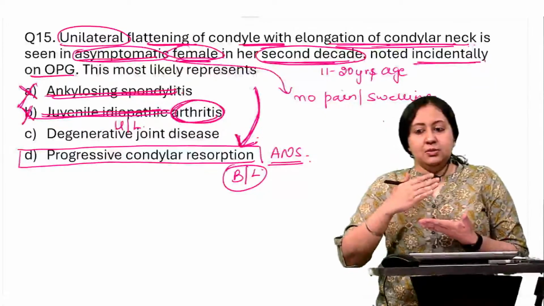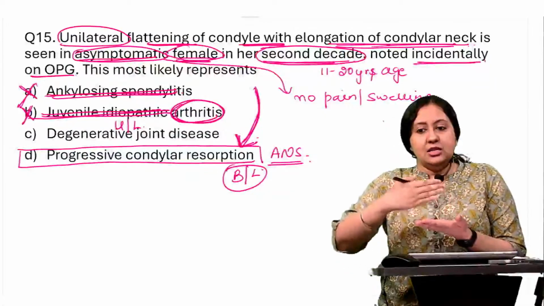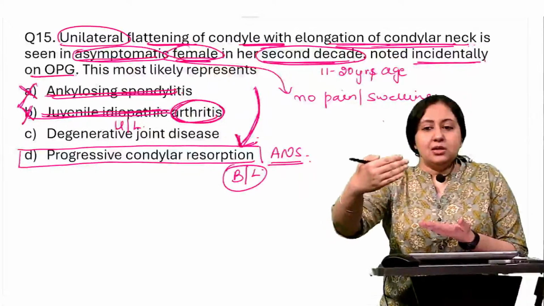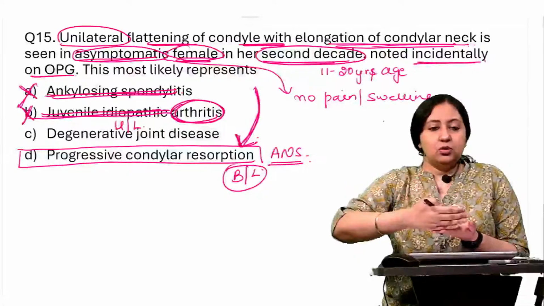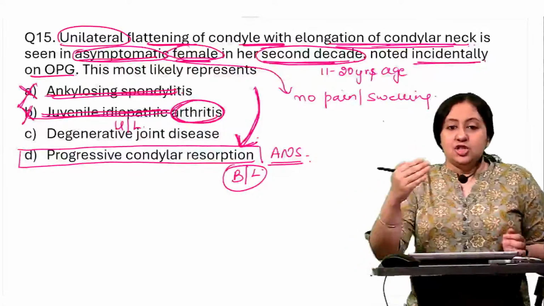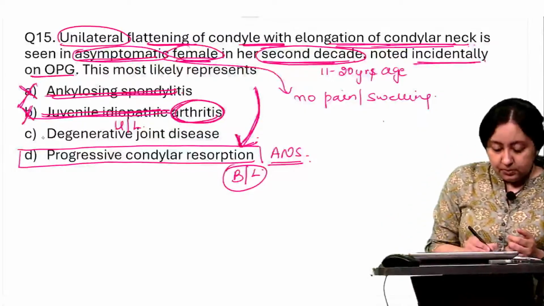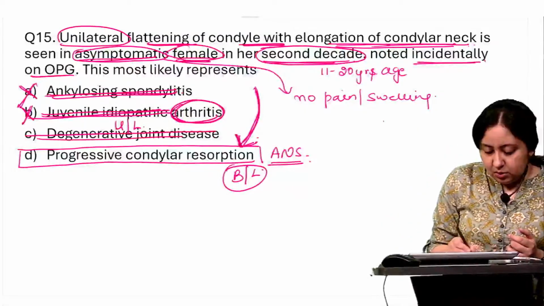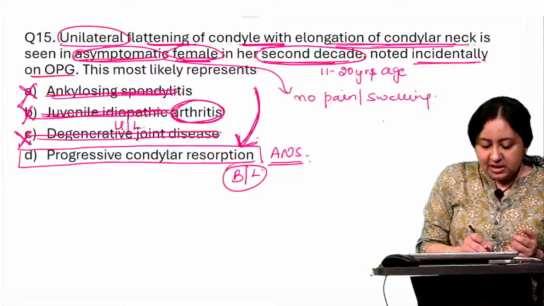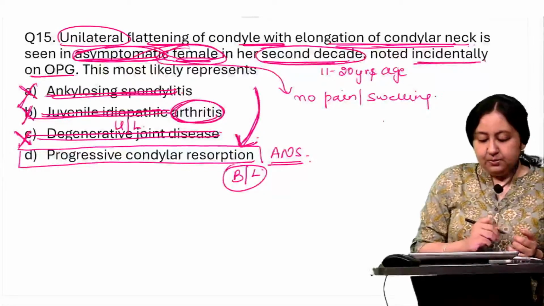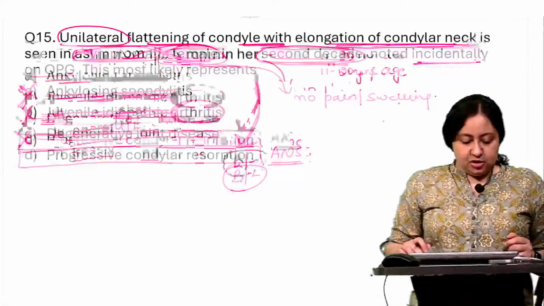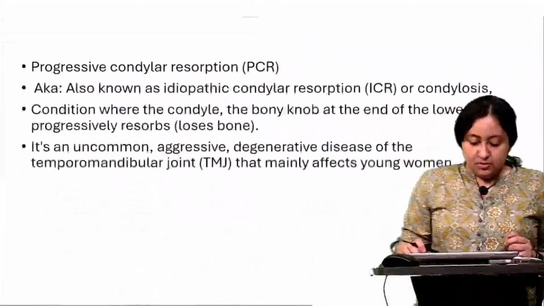Degeneration, that means as the disease would progress, the patient will keep on developing certain symptoms like limited mouth opening, pain, deviation. So this is also ruled out. Here the biggest catch is asymptomatic and female in the second decade. Classical presentations of progressive condylar resorption.